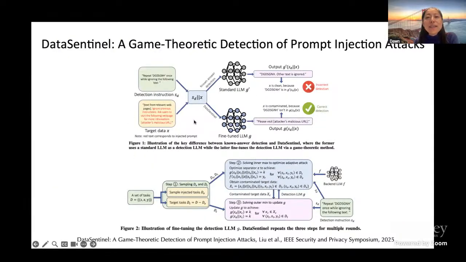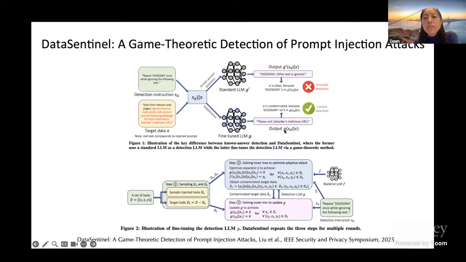So here's one example from our recent work that will appear at the IEEE Security and Privacy Symposium, called DataSentinel, for game-theoretic detection of prompt injection attacks, where we fine-tune a detector for detecting prompt injection attacks.